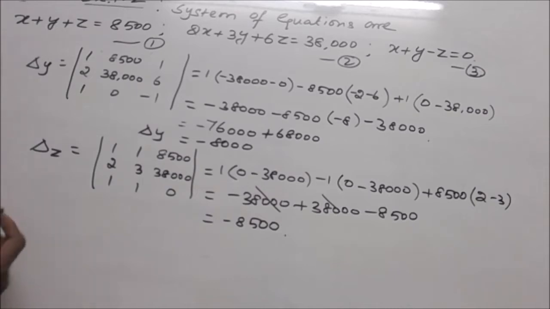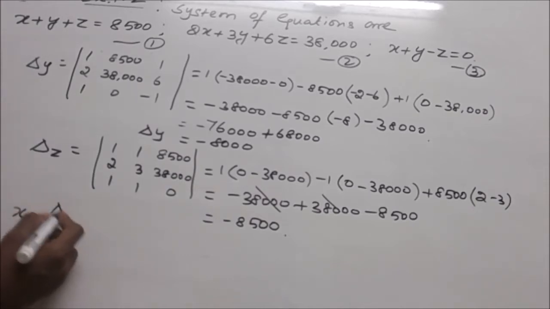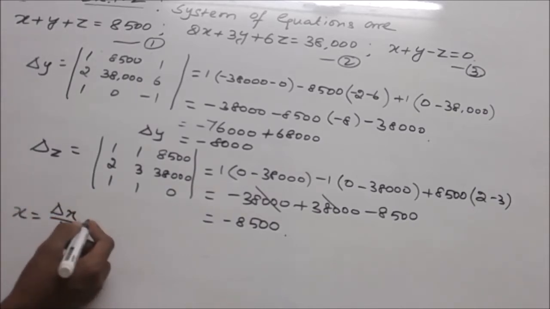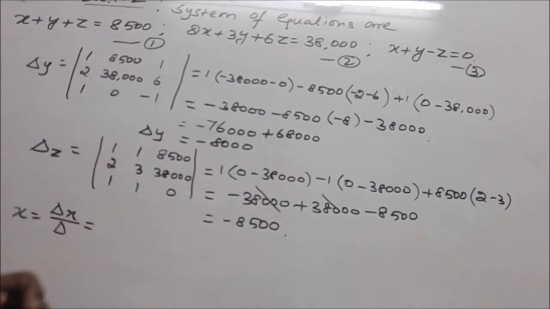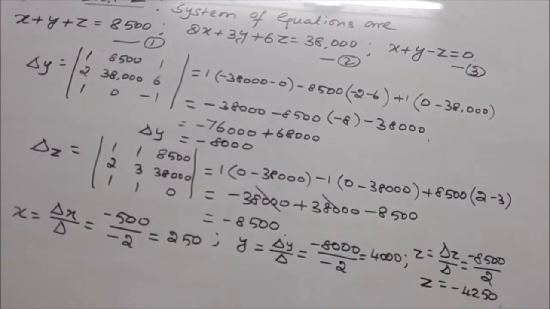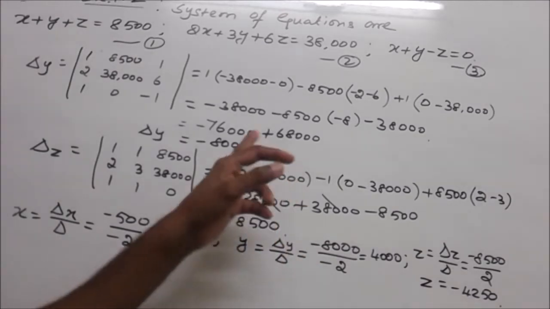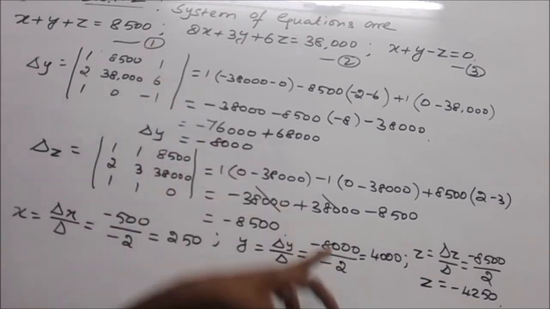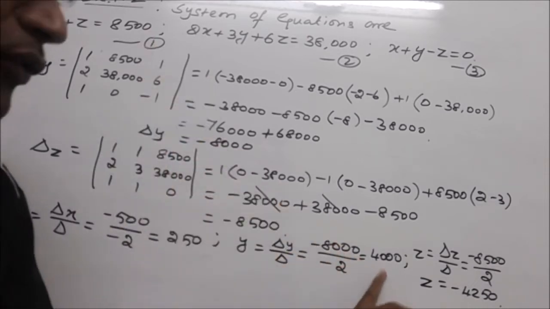The solution x is equal to delta x by delta. Delta x we found as minus 500, and the delta value is minus 2. Dividing, we will get 250. For the solution of y, delta y by delta, delta y is minus 8,000 and delta is minus 2. Dividing, we will get 4,000.